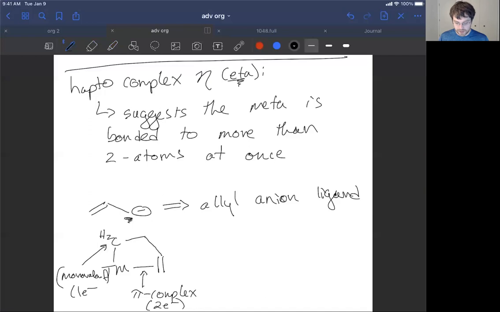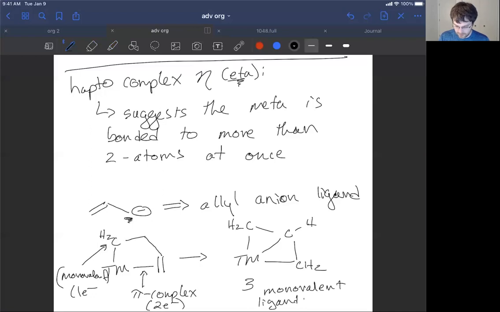Now, if we do it this way, it's kind of like the transition metal is simultaneously bonded to the CH2, the CH, and the CH2. So it's bonded everywhere, or it has 3 monovalent ligands for 3 electrons total, which would be the same as if we had a monovalent plus a 2 electron.